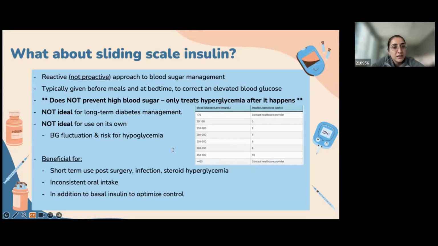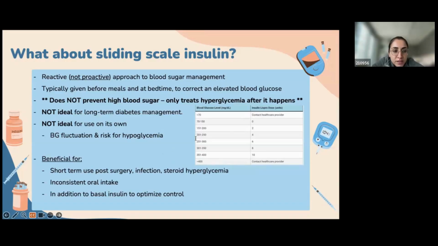And because it's a reactive approach, you still get all the bad long-term effects of hyperglycemia. So we don't usually recommend using it, especially not on its own, because it does not prevent the high blood sugar, and it carries a risk of low blood sugar.